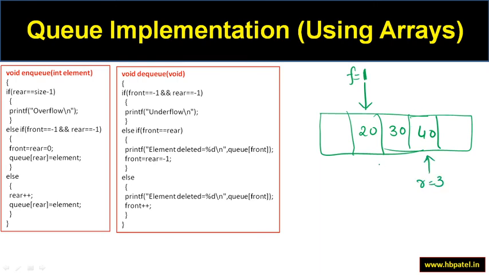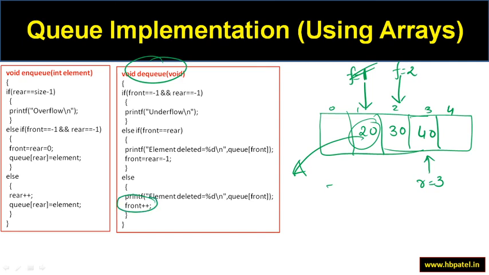This is position 0, 1, 2, 3, 4. And now if you remove something, where would it be removed from? It would be removed from the 20. So 20 would be removed. So in that case, which is now on the front? Now this is on the front, so front is equal to 2. So we'll be incrementing. Look at this.